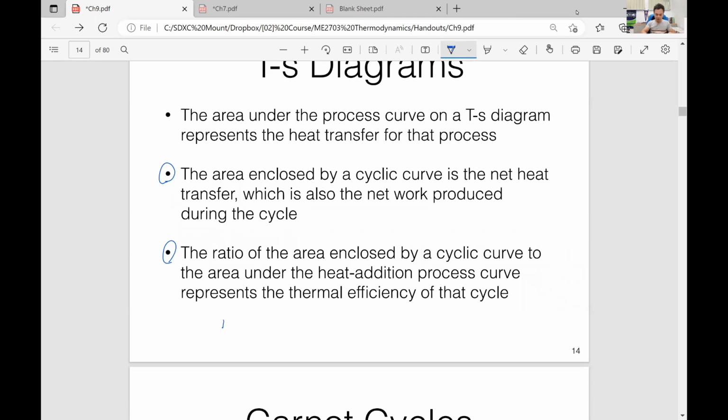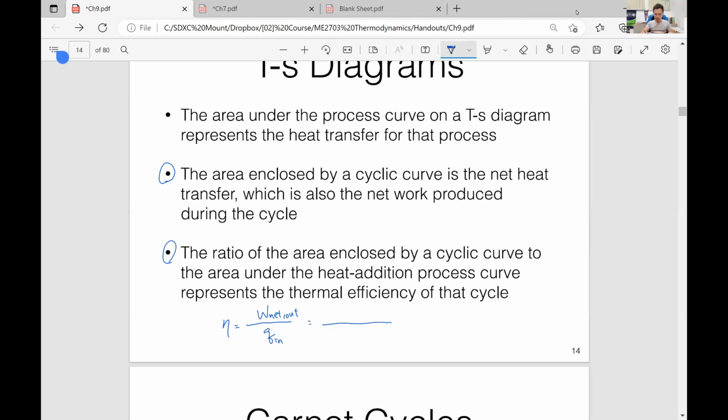We know the efficiency is defined by the desired output over the required input, right? In chapter 9, we are talking about gas power cycles, and gas power cycles are used to produce work. So what we want for this kind of cycle is the net work output. This is the desired output, and the required input is just the heat addition, right?